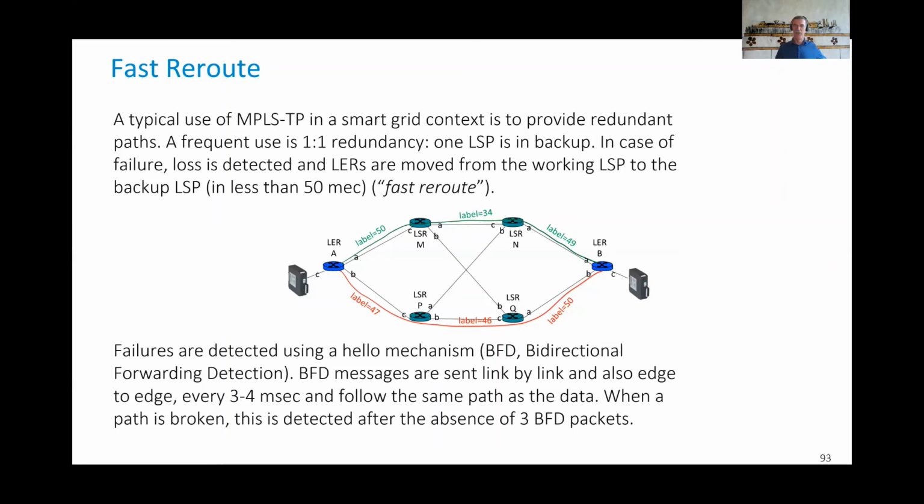Hot standby means that both are working. Cold standby is that the red one is not yet set up but can be set up very fast. I will assume here they are in hot standby, which means that the two MPLS connections are operational. The tables have been written that allow the packets to be switched.